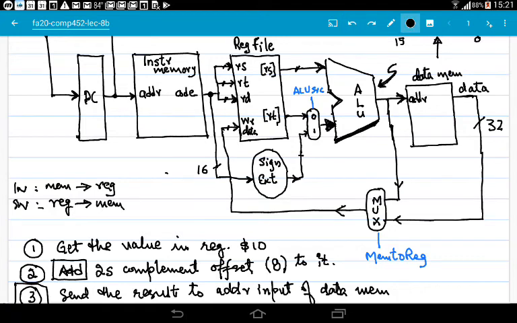Let me rewrite it in a different color. Let's use purple color. Load word. This was the instruction, okay? So this is good. Beautiful color, pink, girlish color.